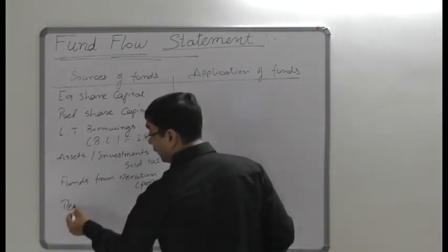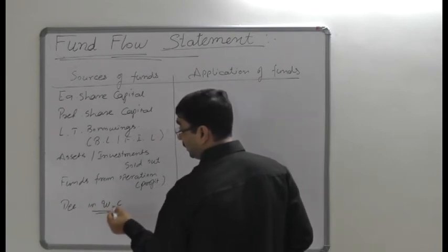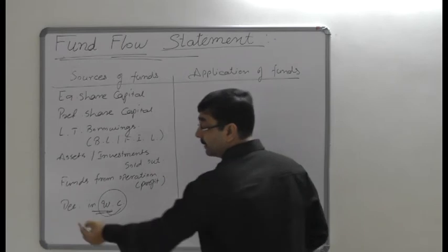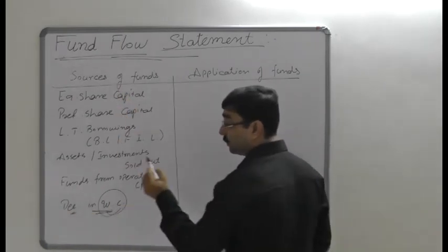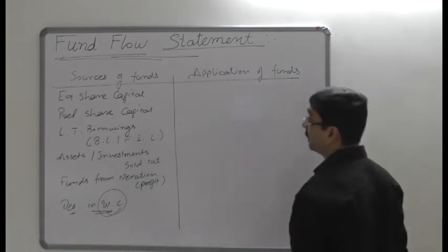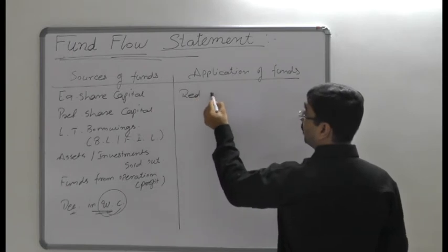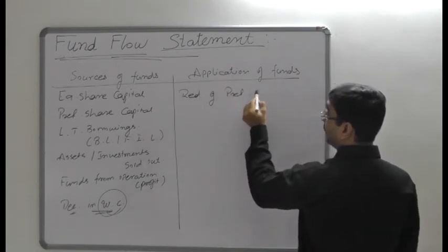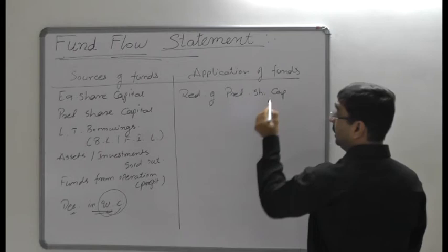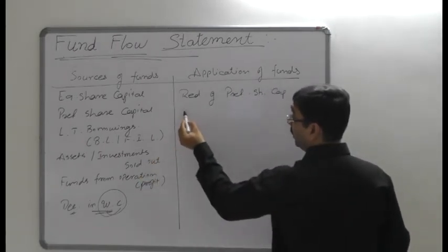And a very important part is decrease in working capital. In case the working capital decreases, that is also a source of funds. These are the sources. Now, which are the parts of application of funds? In case of redemption of preference share capital, that means the preference share capital is redeemed and paid to the preference shareholders.